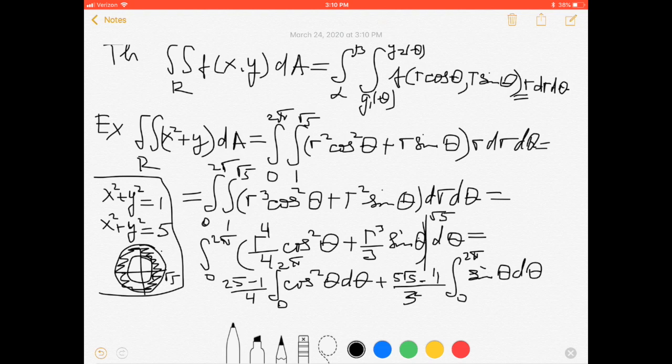Because we have cosine squared here, we use our formula for the double angle.